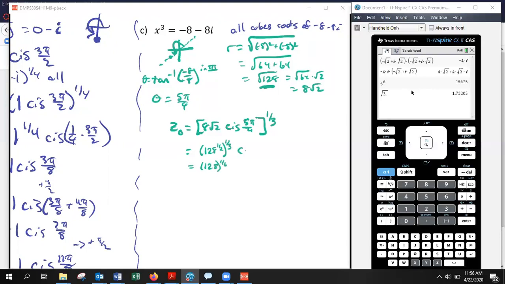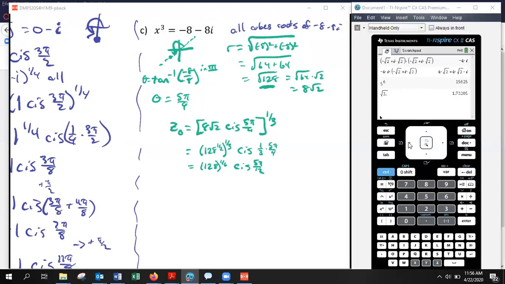And then cis of 1/3 times 5 pi over 4. So multiplying those together, we will get 5 pi over 12. Not a known angle, so I can leave it in this form. And honestly, what is the 6th root of 128? 6th root of 128 does not have an even number, so we can leave it that way.